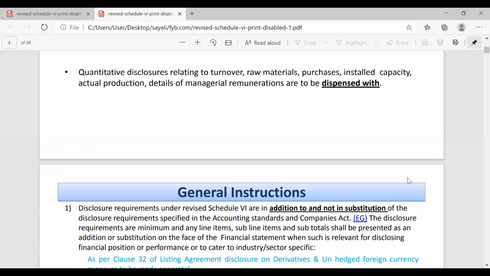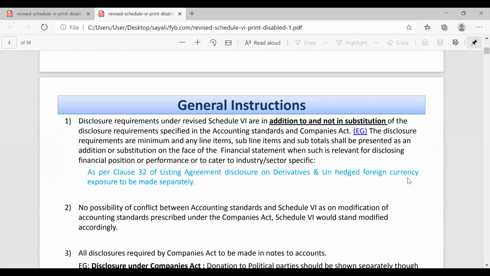What are the general instructions for the recording of transactions? First, disclosure requirements under revised Schedule 6 are in addition to, and not in substitution of, the disclosure requirements specified in accounting standards and the Companies Act. Meaning whatever disclosure, show whatever required information is related to that particular event, and it is compulsory.